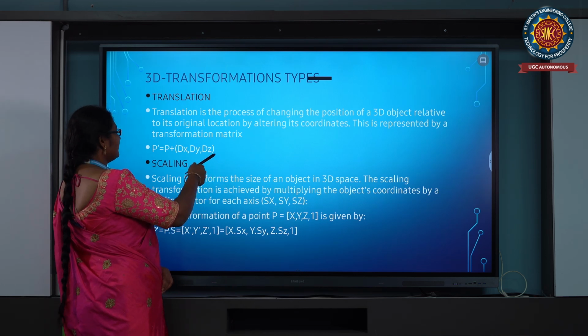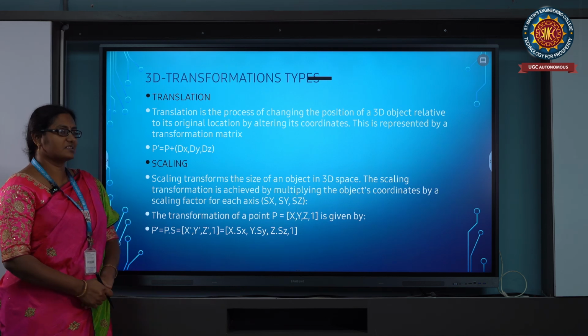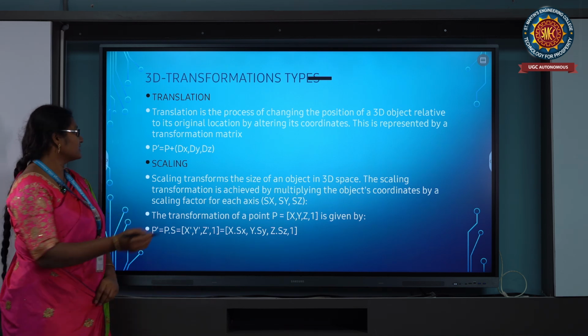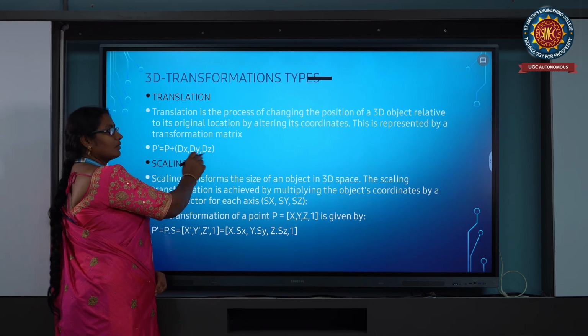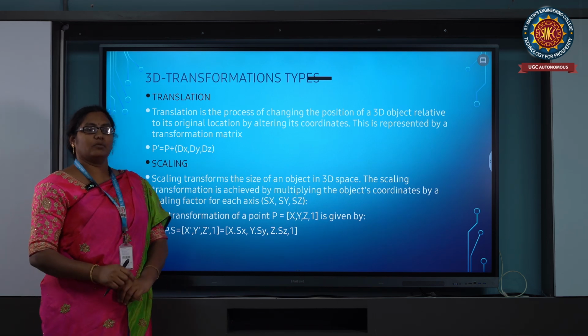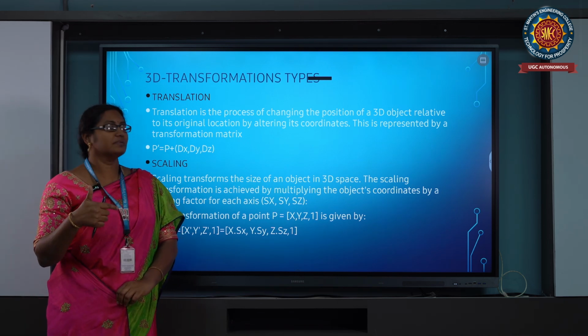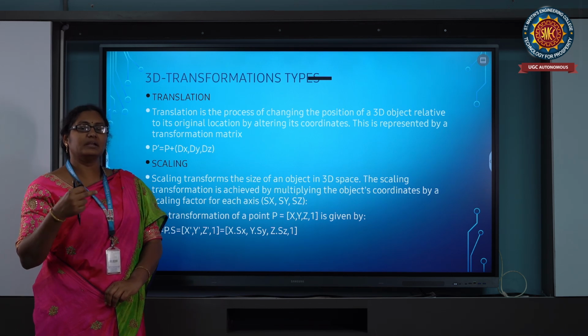So what is the final representation? You can represent these 3D objects in a matrix form. What is the equation of that matrix form? P dash is equal to P plus, here three coordinates we took. Why? Because it is a 3D plane. A 2D plane means only x direction and y direction. In a 3D plane, x direction, y direction and z direction.